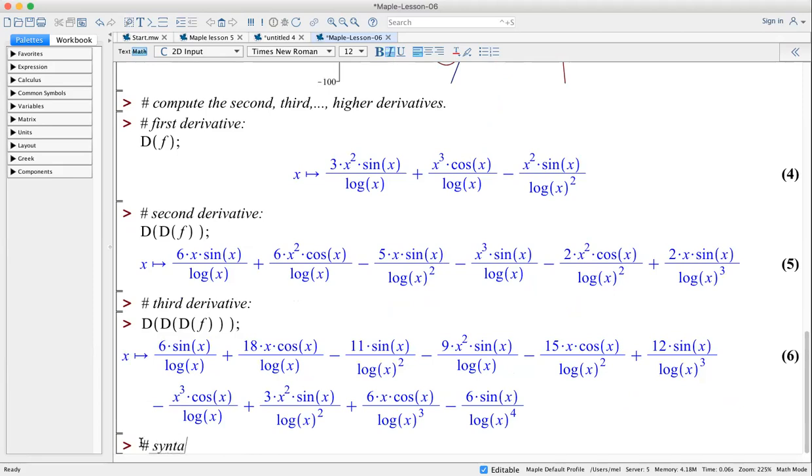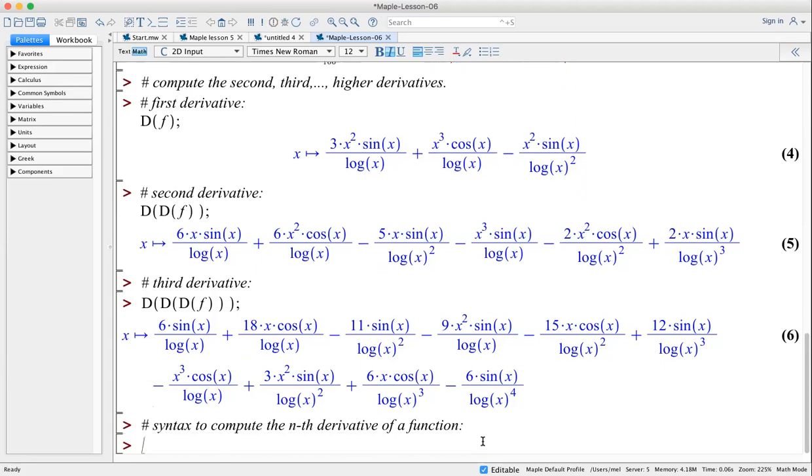So the syntax to compute the nth derivative of a function is, in parentheses, D, above the 2, shift 2, there's this at sign, at n, of f. That's the command to get the nth derivative.